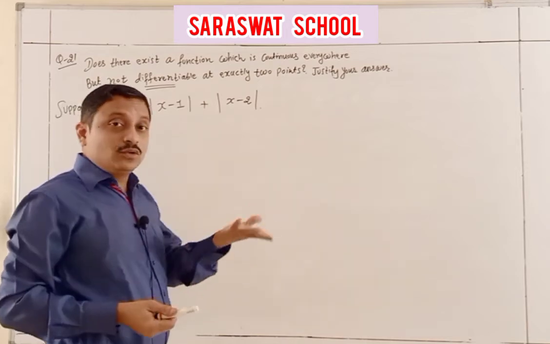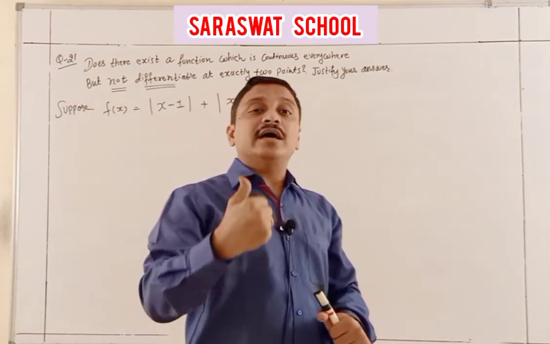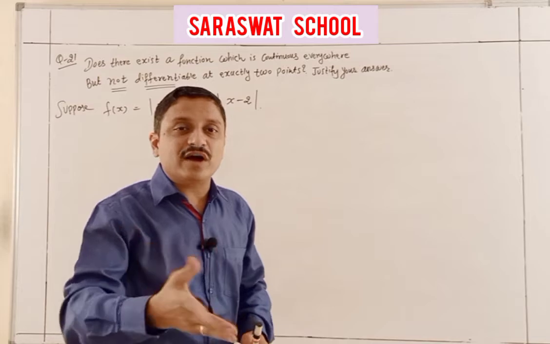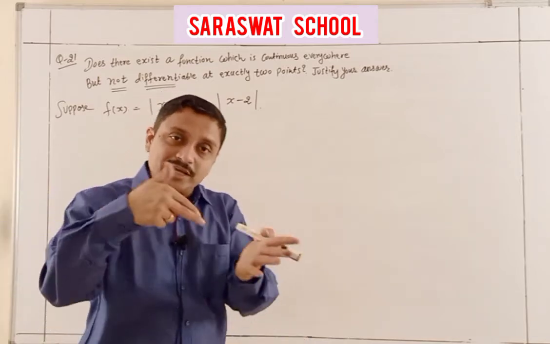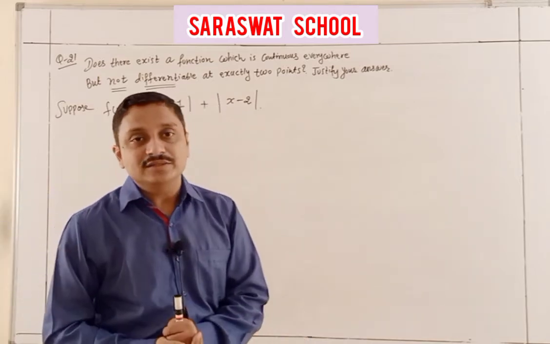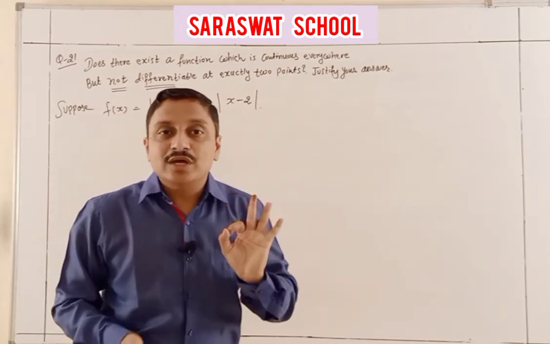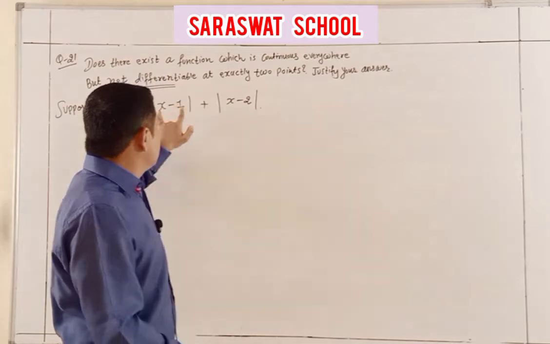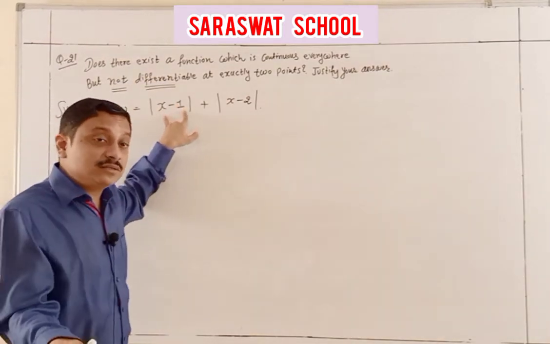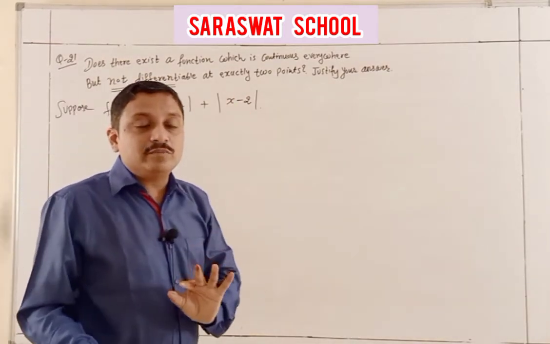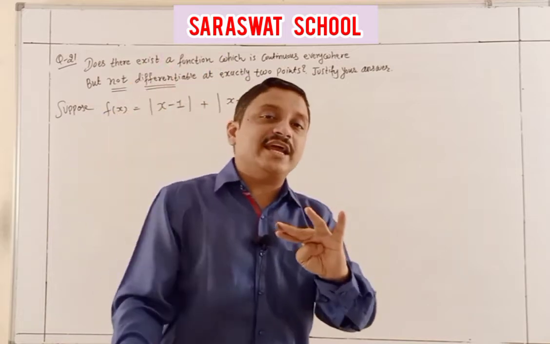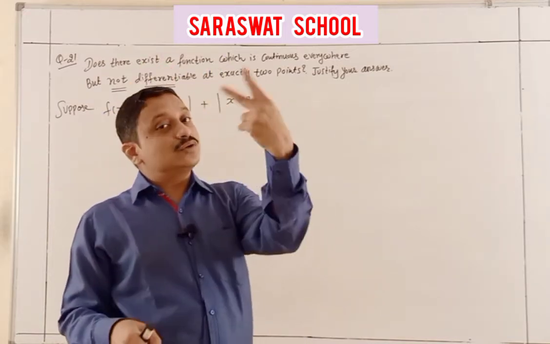As you like, you can also write x minus 3, x minus 4, x minus 5, any number. Also x plus 1, x plus 2 can be written. Yes, I just write x minus 1 and x minus 2. And I check: setting this equal to 0, we get x equal to 1 and here x equal to 2. It means I check at x equal to 1 and then at x equal to 2.